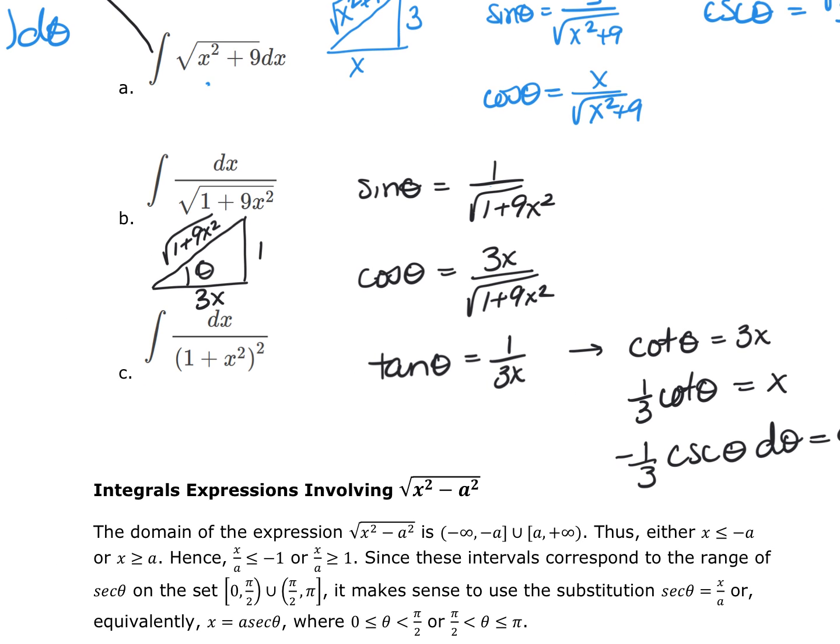So now I have a replacement. This dx is going to get replaced with negative 1/3 the cosecant squared of theta d theta, so don't forget to square it down there.